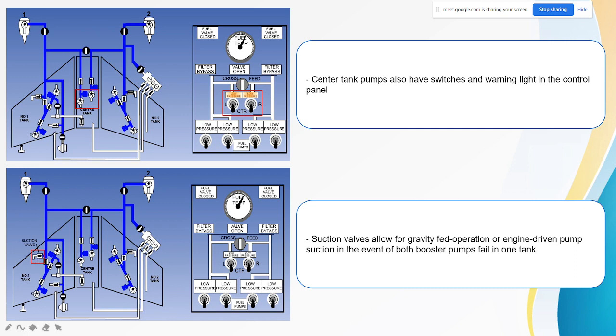Suction valves here. These are used to allow the gravity-fed operation or engine-driven pump suction in case both booster pumps here fail or one tank here fails. This will allow the fuel in the tank to be fed through gravity and also through the suction by the engine-driven pump.